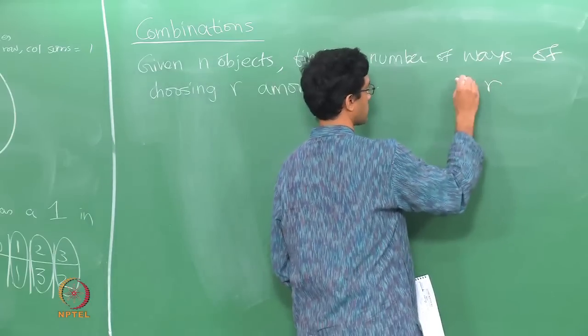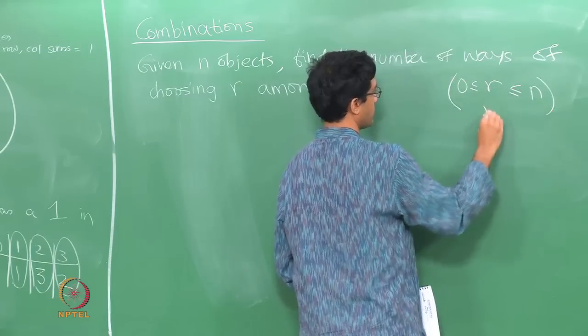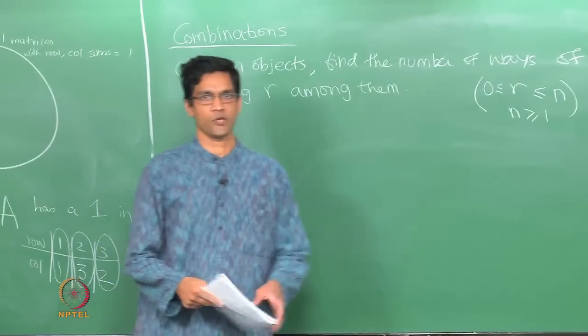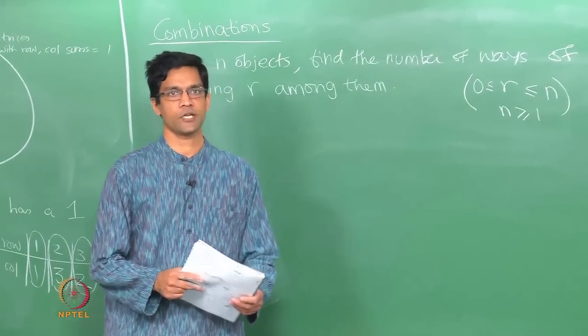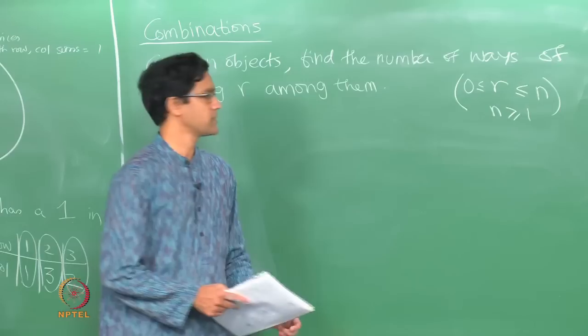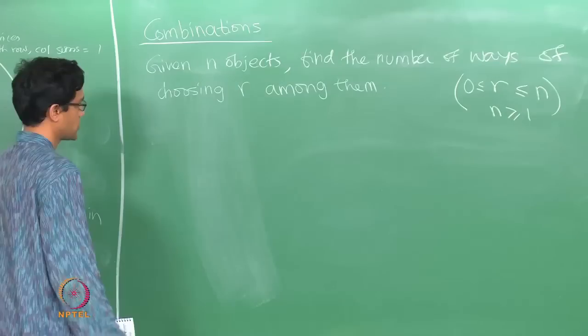So here R is some number between 0 and n, and n is a number that's let's say at least 1. Okay, so given a set of objects, the combination is not ways of arranging but rather just ways of choosing R out of these n objects, and again this is I presume something that you must have seen before.